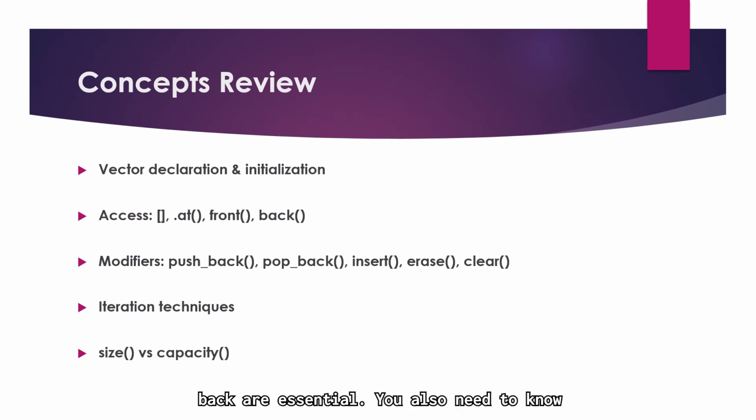You also need to know modifiers like push_back to insert at the end, pop_back to remove the last element, and insert, erase, and clear for more control. Don't forget the difference between size, the number of actual elements, and capacity, which refers to the amount of memory currently allocated. Understanding these will help you not only write functional code but efficient code too.